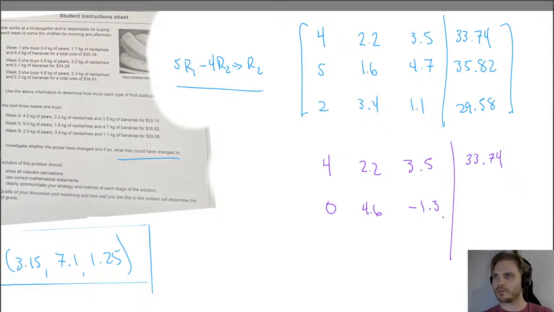Then 5 times 33.74 minus 4 times 35.82 gives us 25.42.